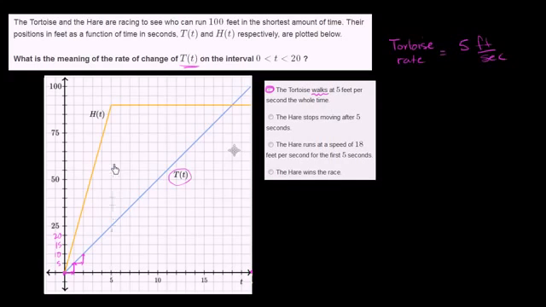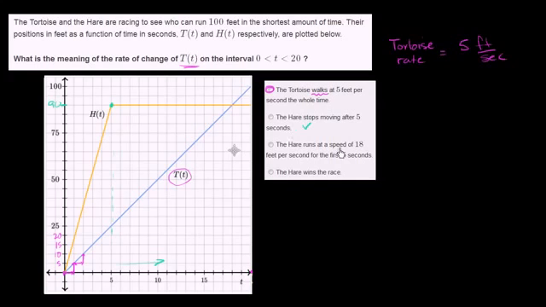So if we look at the hare's position after time equals 5 seconds, it does indeed look like the hare is just sitting there at the 90-foot marker line and is not moving at all. The rate of change of position with respect to time for the hare at that point is 0. So this does seem true. It just doesn't apply to the question. It's not the meaning of the rate of change of t on this interval. This is applying to h of t.